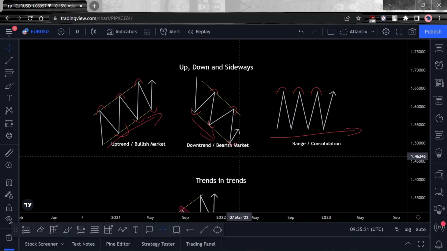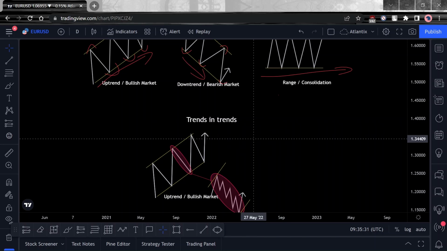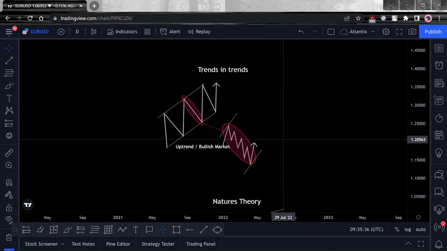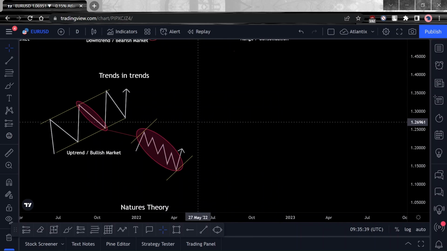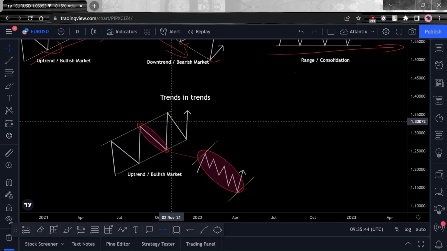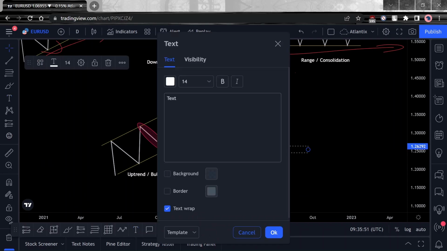Okay, so now we're going to be talking about what we call trends in trends. The theory behind what we're going to be talking about is this: whenever you have a market that's pushing up, as is the case over here, within this trend on a lower time frame, you're going to find that you have another trend taking place in there.